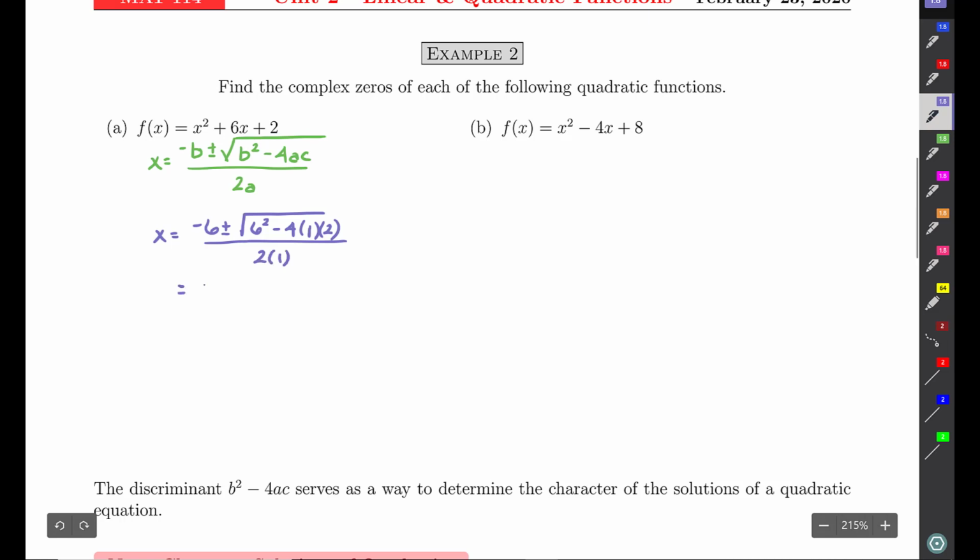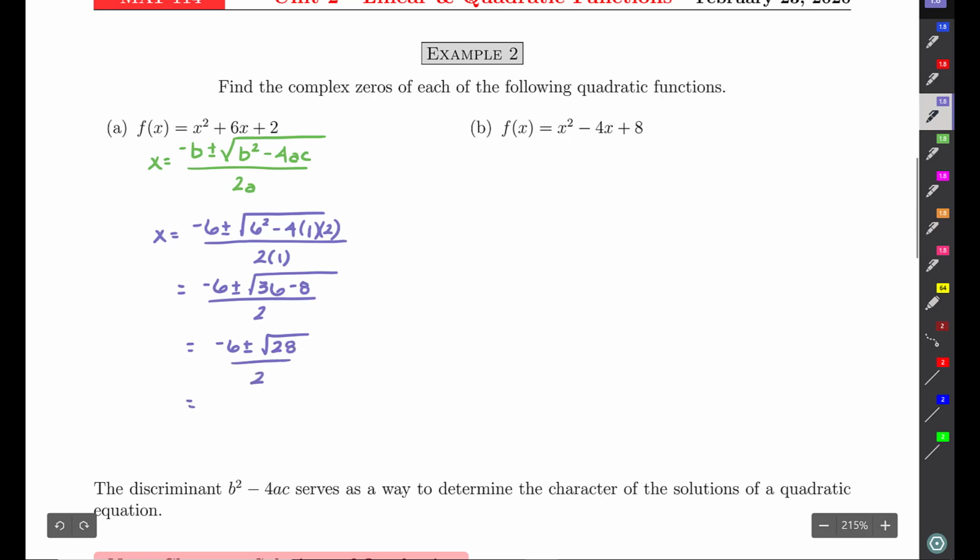And we end up with negative 6 plus or minus the square root of 36 minus 8, over 2. And then you get negative 6 plus or minus the square root of 28 over 2.